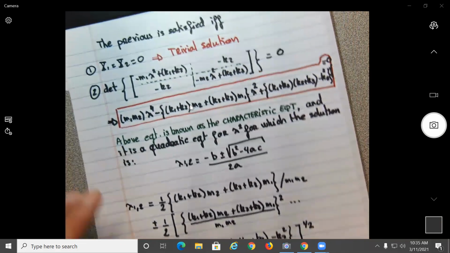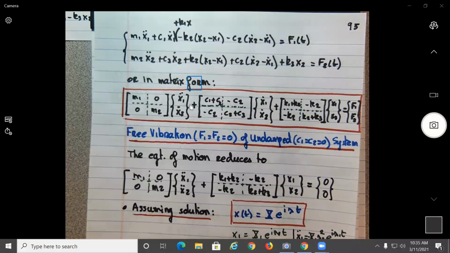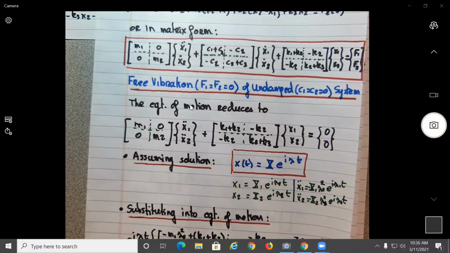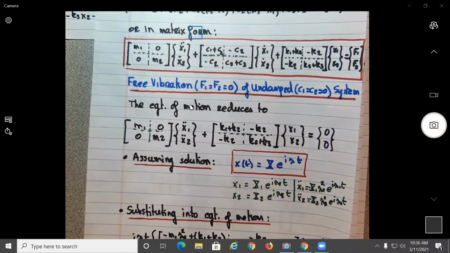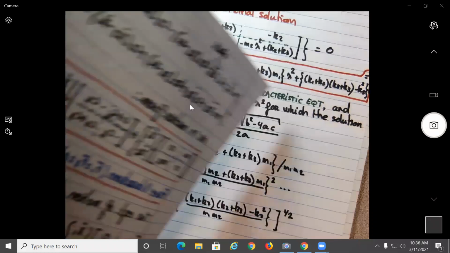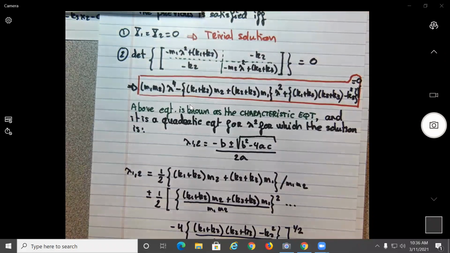That is the one I wrote over here, no? Lambda 1, lambda 2 will be those two frequencies. But here, in order to simplify notation, I just put lambda. That's why I did not put lambda 1, lambda 2. But the solution should be lambda 1, lambda 2.